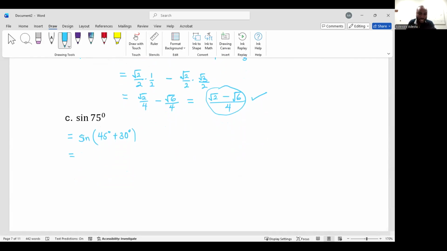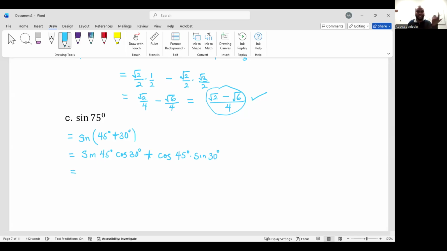So in this case, I will have sine of my first angle multiplied by cosine of my second angle, plus, because it is sine and here is plus. So here will be plus. Now it will be cosine of the first angle multiplied by sine of the second angle.